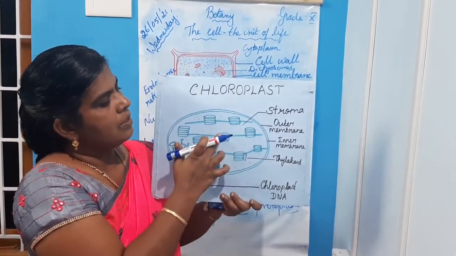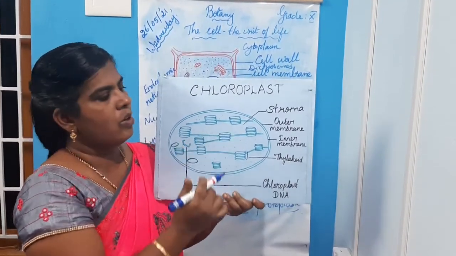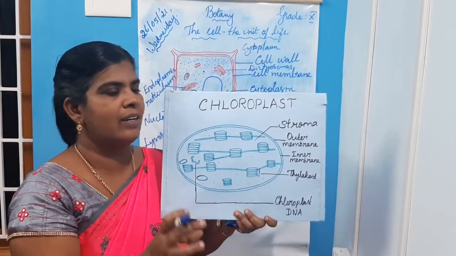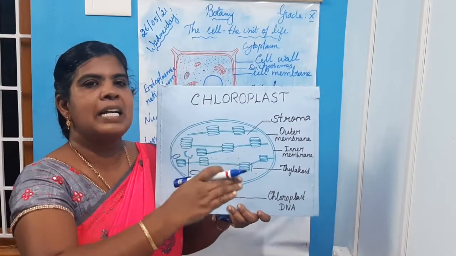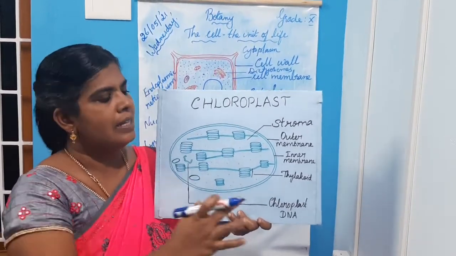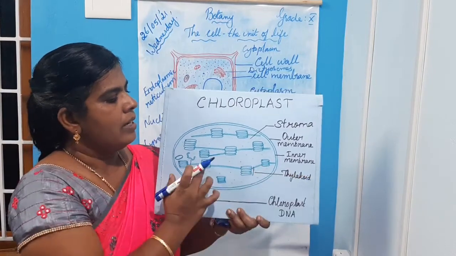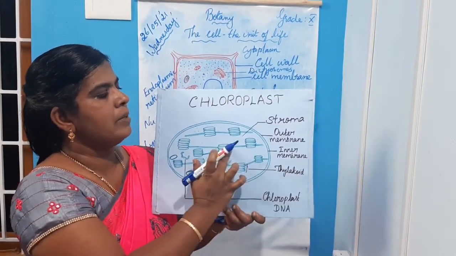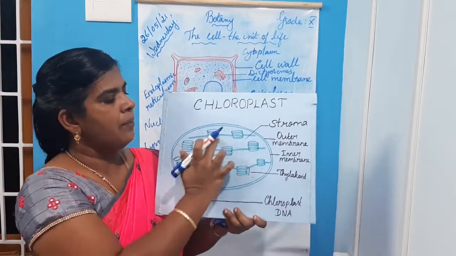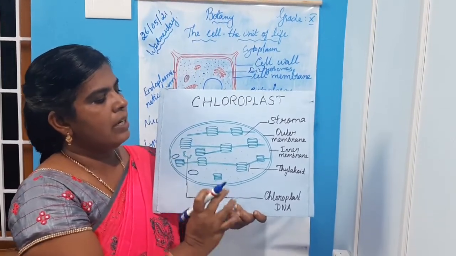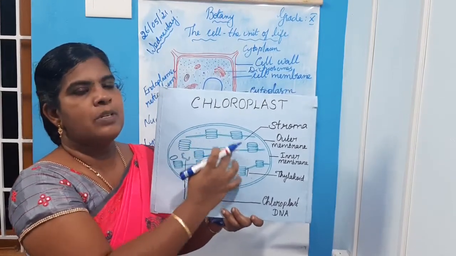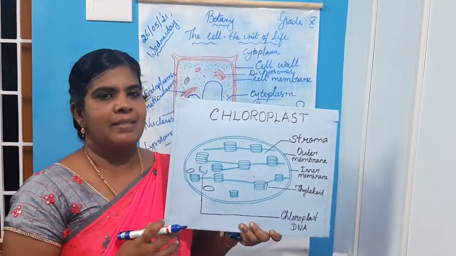Each coin-like structure is called a granum, and these grana are arranged one above the other like stacks of coins. The thylakoids are connected by a channel called the frets channel. The chloroplast contains DNA and the enzymes responsible for photosynthesis.